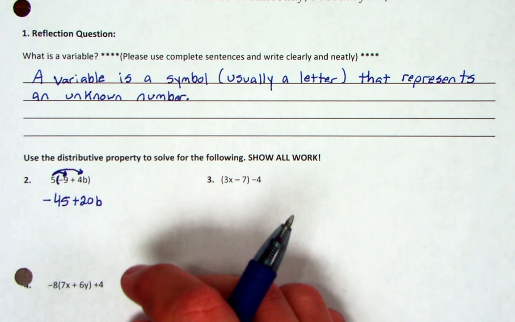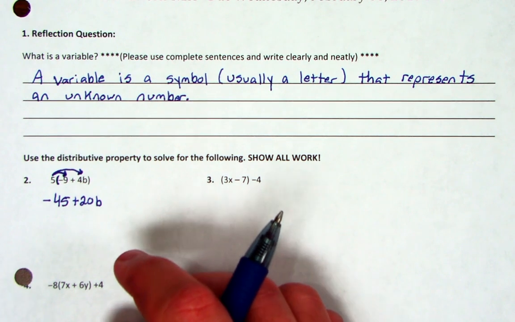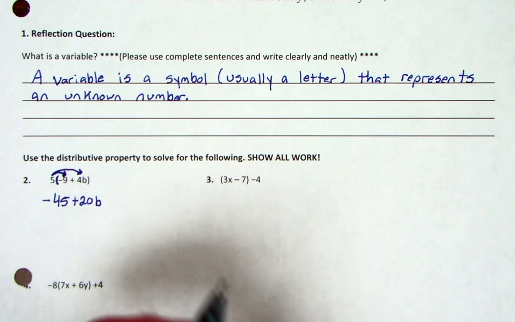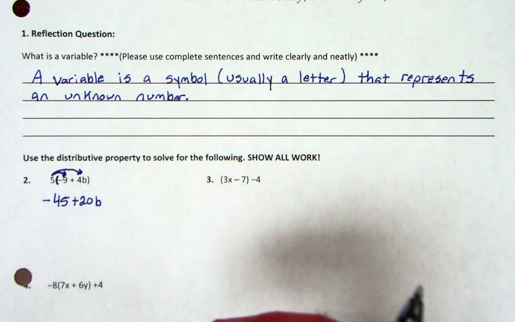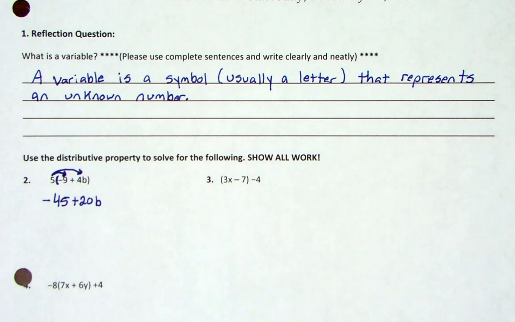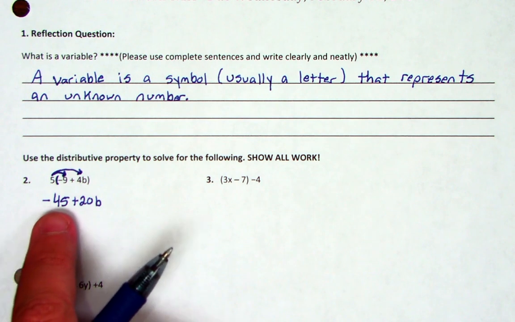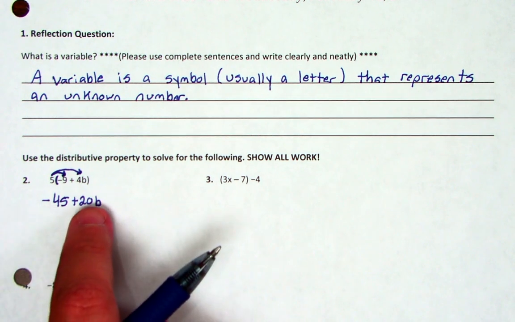Now, remember when we're simplifying expressions, we want to put it in alphabetical order, and our constants go last. Our constants are the numbers by themselves. For example, this negative 45 is a constant. The 20b is not a constant because it has a variable attached.